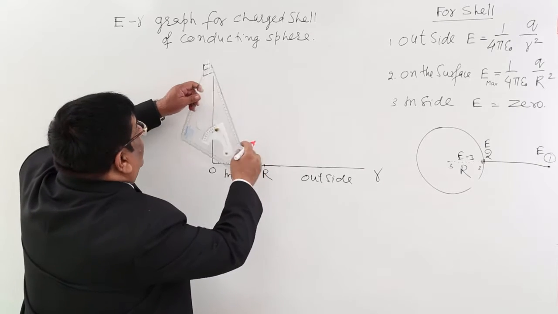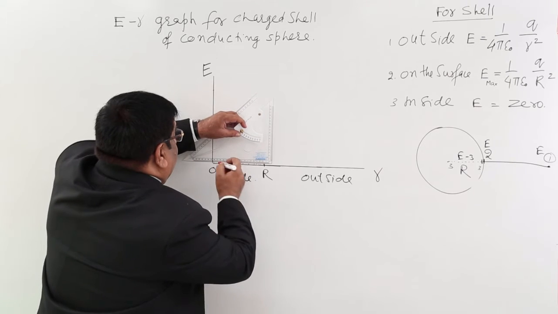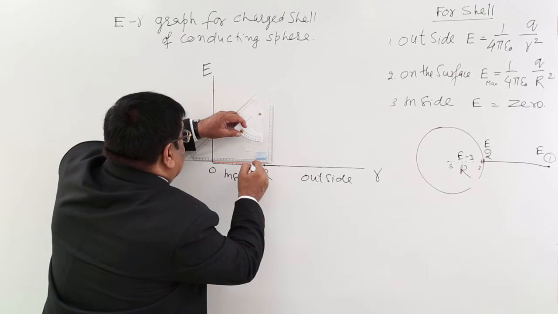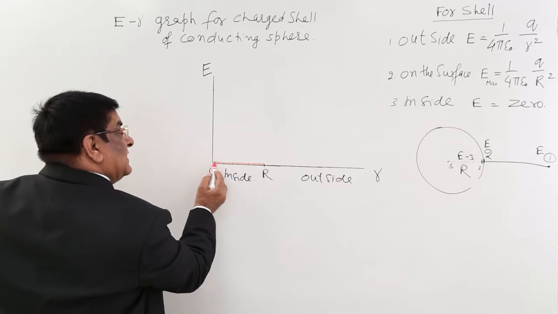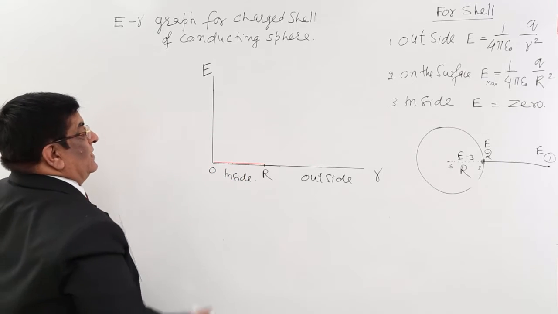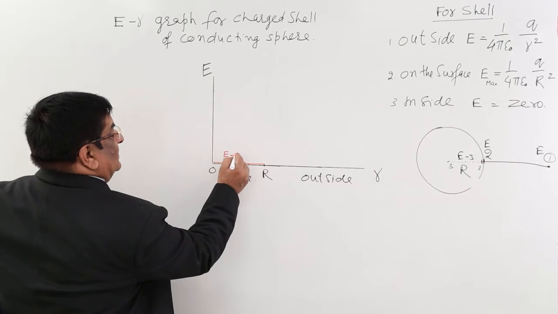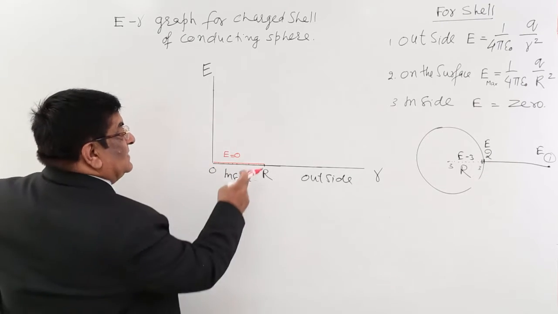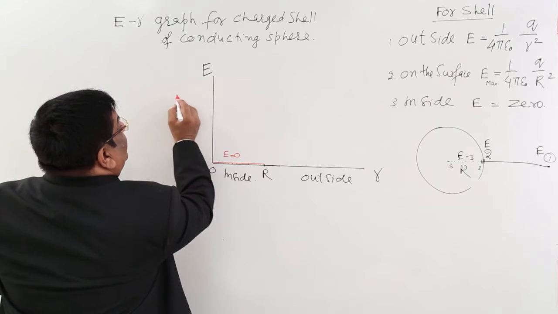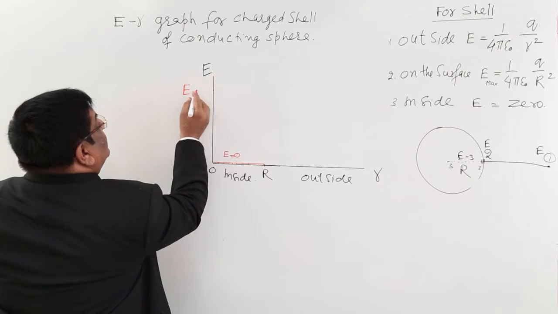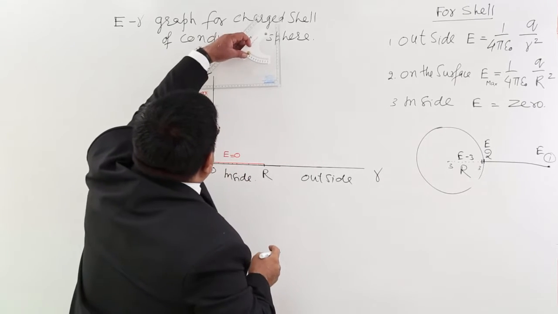So I join all these points and find that I get a straight line over here. So this is E equal to 0 inside. Then suddenly at r we find E has come to the maximum value, E maximum, and that is here.